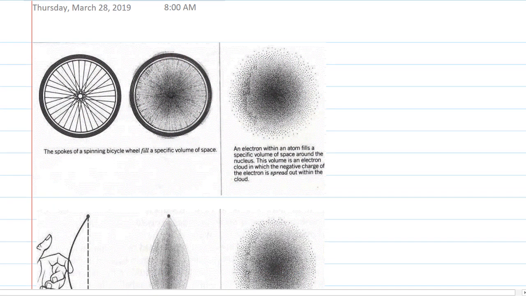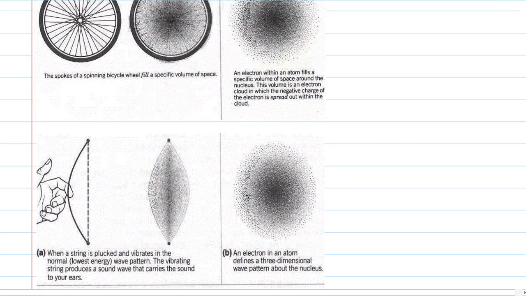So areas where we see it more darkly shaded is where it's more probable to find an electron, and areas where it is less densely shaded is where it is less probable to find an electron. And we can make the same comparison by using a vibrating string. If we took a string and plucked it, that string would wind up vibrating back and forth and would fill up a volume.